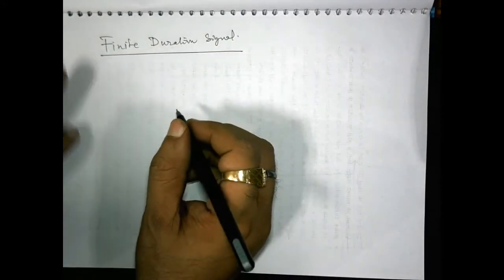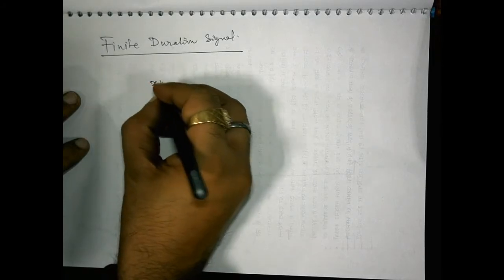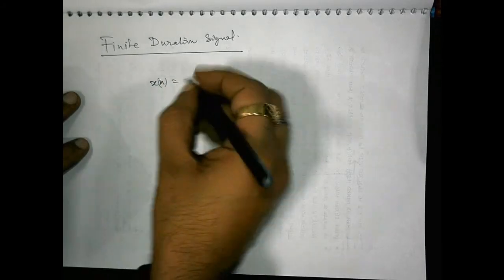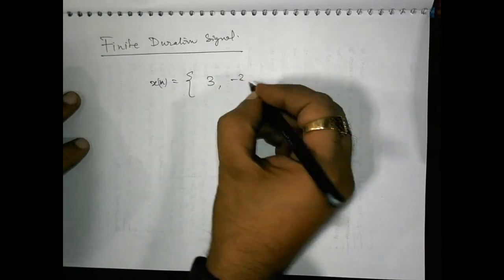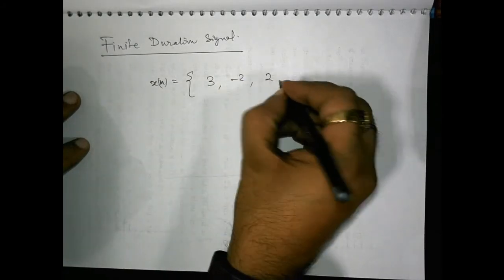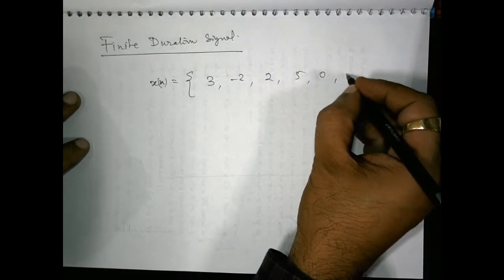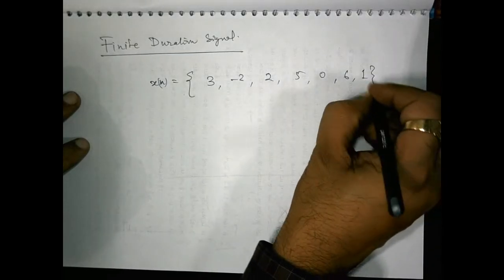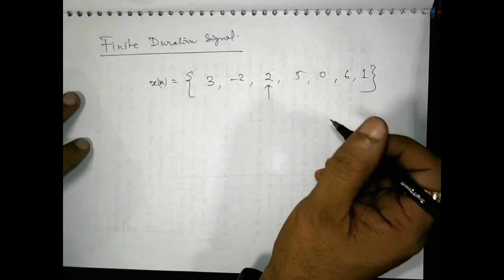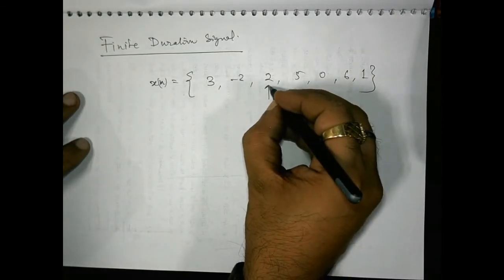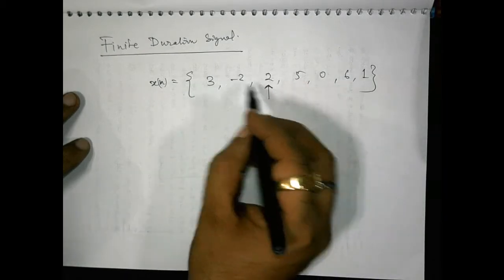So a finite duration signal can be represented in sequence form as, say, this is a signal whose origin sample has strength 2, and before the origin sample the strengths are shown over here.